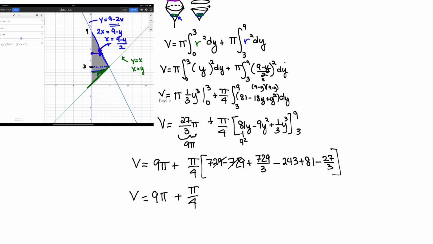They go away. Yuck. I did not take out a negative. You took out a negative. 243 minus 81. What's that? Negative 162? Negative 162. No, this is right.